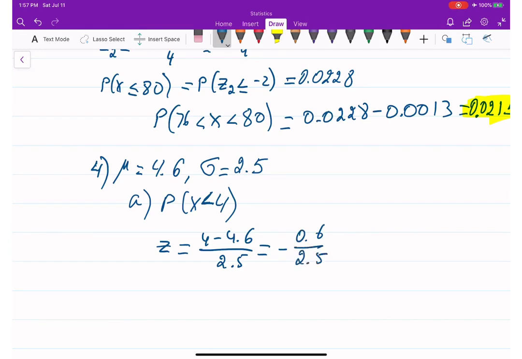If we take 0.6 divided by 2.5, it's going to give us negative 0.24. Which means x less than 4 is equal to the probability of Z-score less than negative 0.24.